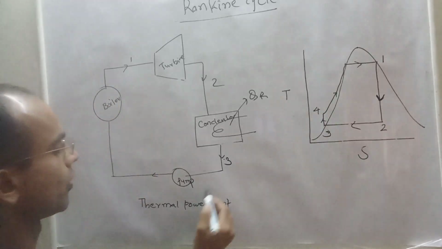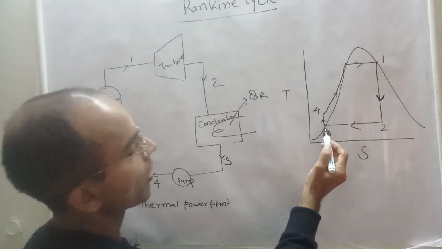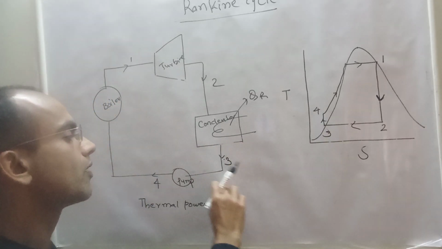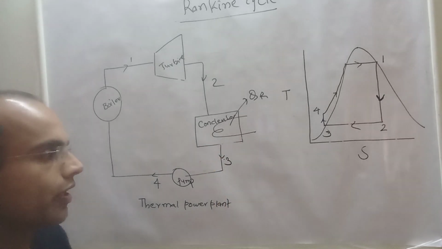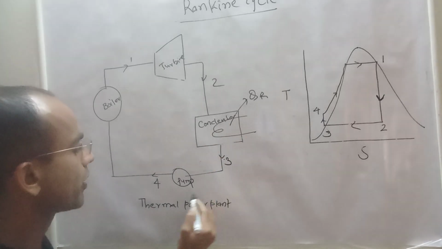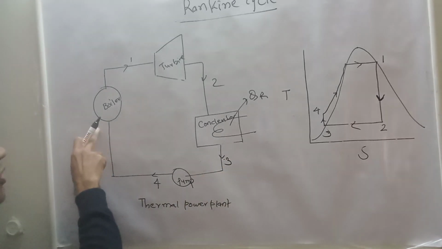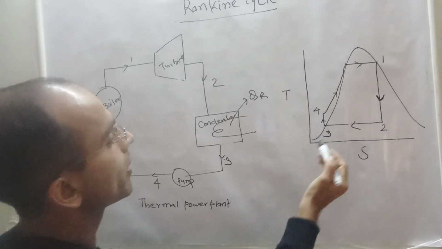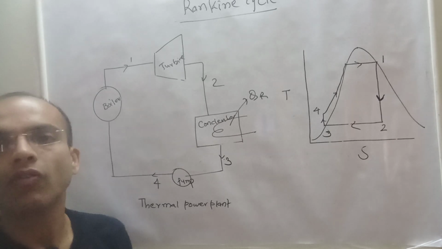Now 3 to 4 is the pump work. Since in the condenser all the steam is condensed and becomes saturated water, that saturated water will be lifted by this pump and fed to the boiler. So this 3 to 4 process is treated as isentropic compression of water.